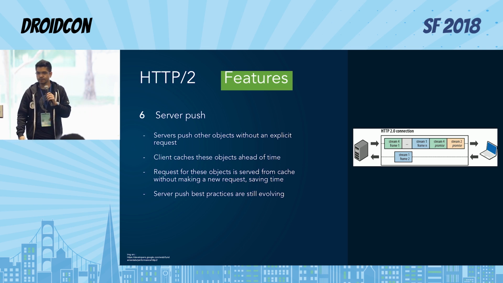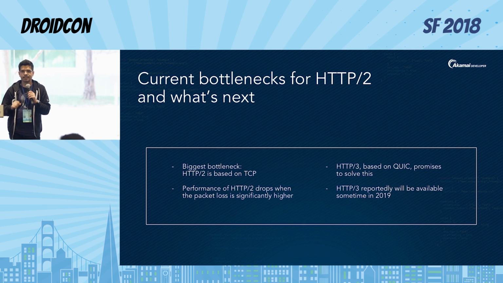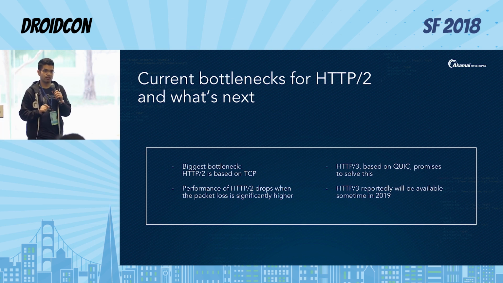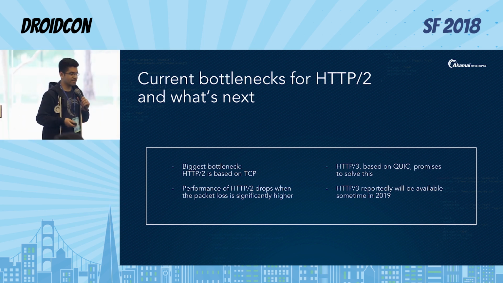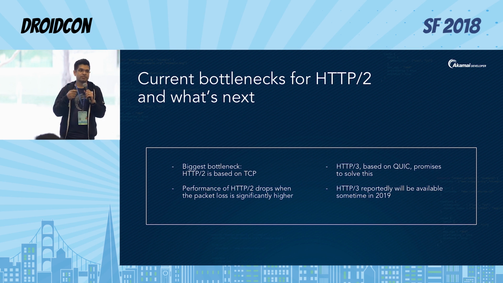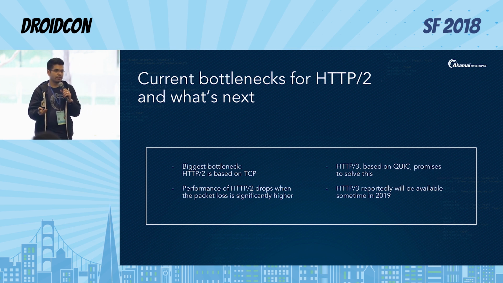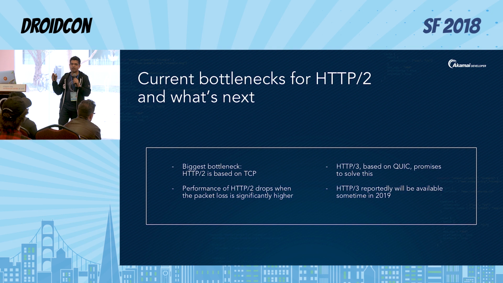With all of these niceties, there are definitely some things which are currently a bottleneck. The biggest of them is the reliance on TCP. So what happens is, if you start losing packets over TCP, then the benefits that you gain from HTTP2 start to come down.